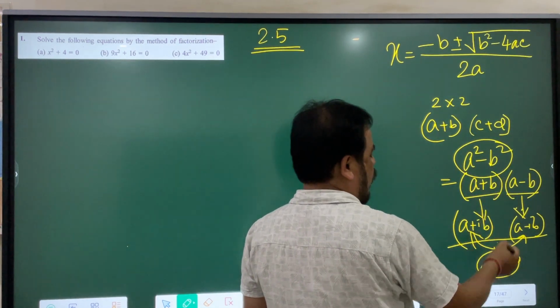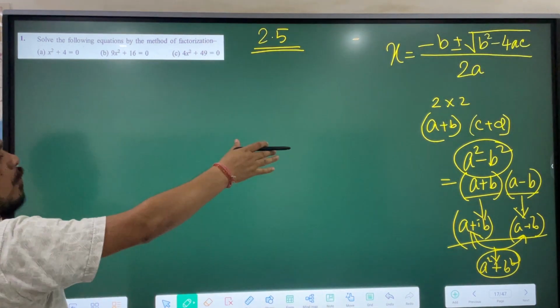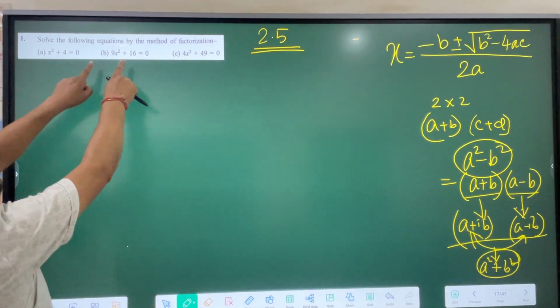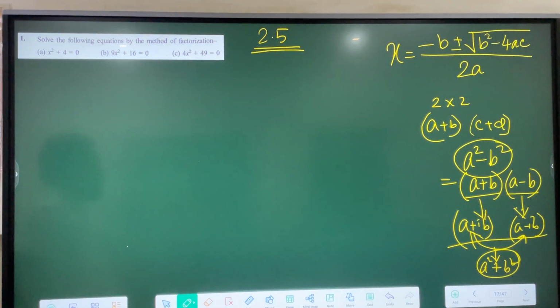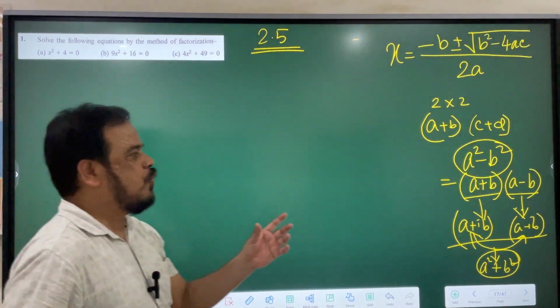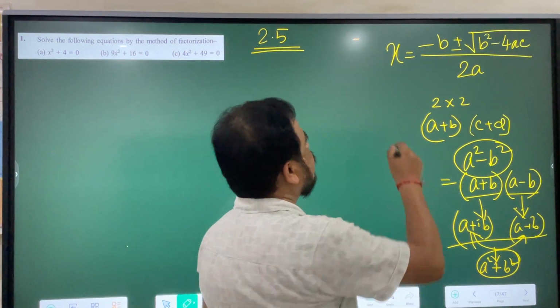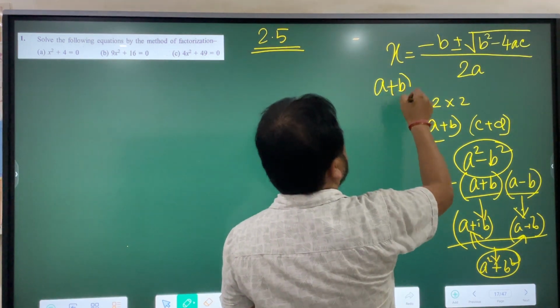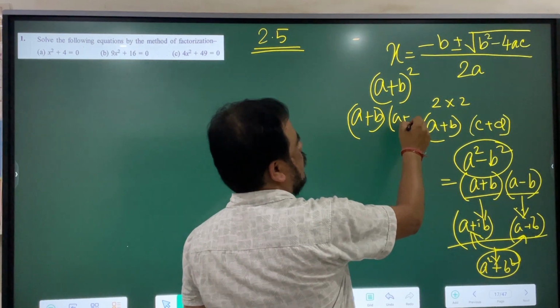So either this one or this one, you have to remember. Then only we can do these sums. Why have I told this formula? Because here two terms are there, everywhere two terms. Whenever we get two terms for factorization, we have to go for a square minus b square, or sometimes we may go for (a plus b) whole square, so that we get (a plus b) into (a plus b), multiplication of two terms.